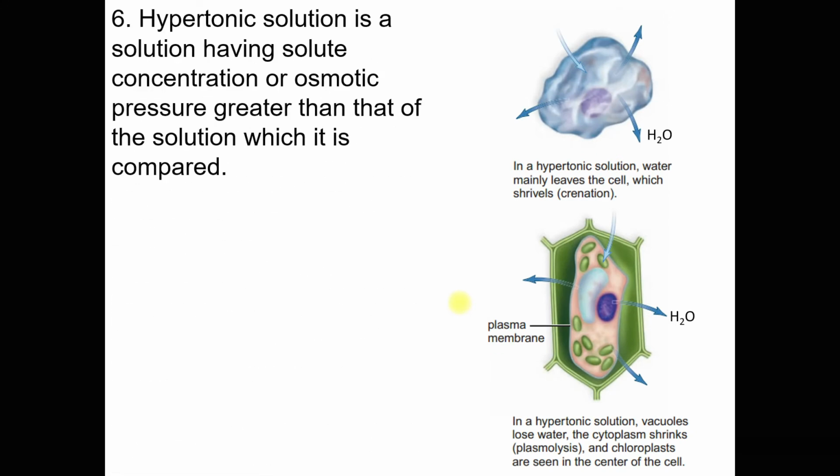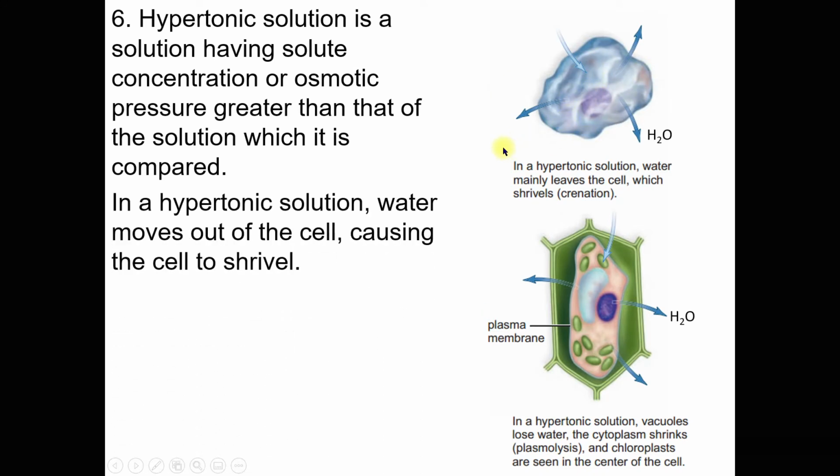Now, a hypertonic solution is a solution having a solute concentration or osmotic pressure greater than that of the solution with which it is compared. So a hypertonic solution has a higher solute concentration compared with the cell. In a hypertonic solution, water diffuses out of the cell via osmosis, causing any cell that lacks a cell wall to shrivel.